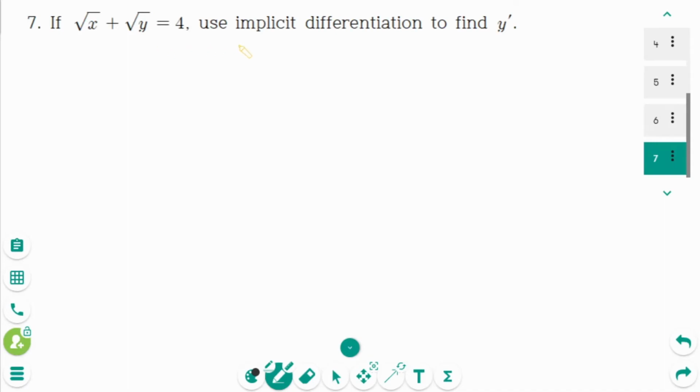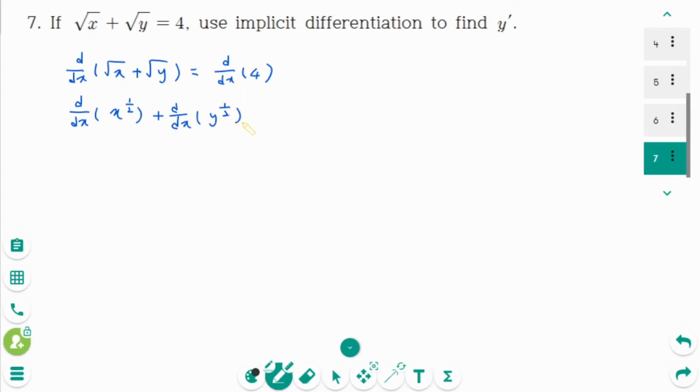Question 7. d dx of square root of x plus square root of y equals d dx of 4. We can rewrite as d dx of x to the power of 1 over 2 plus d dx of y to the power of 1 over 2 equals d dx of 4, which means 0.